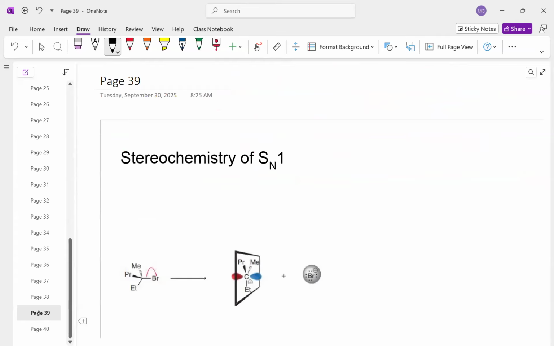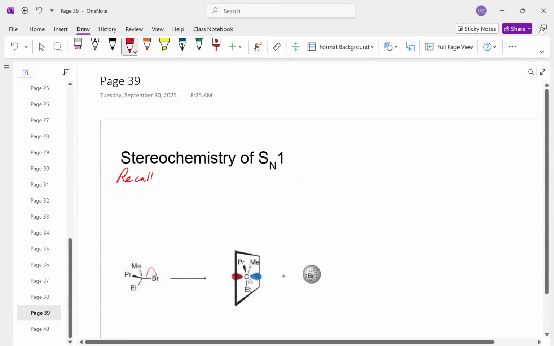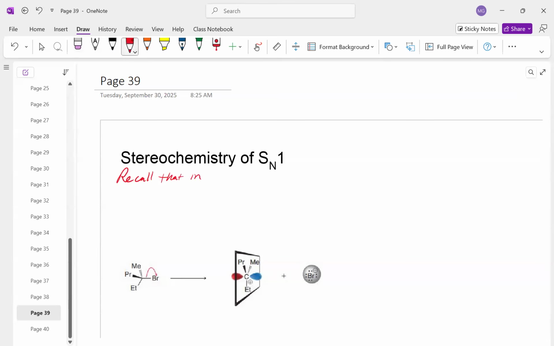All right, now let's talk about the stereochemistry of SN1. Again, let's review. Recall that SN2 results in inversion of configuration.